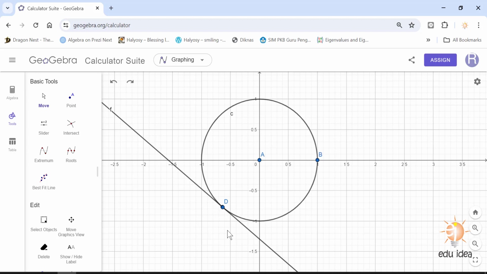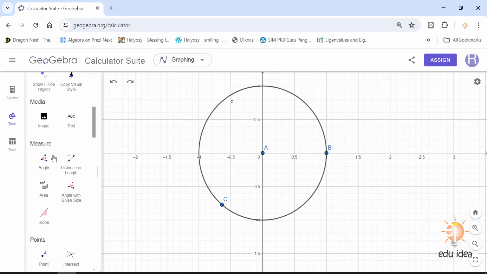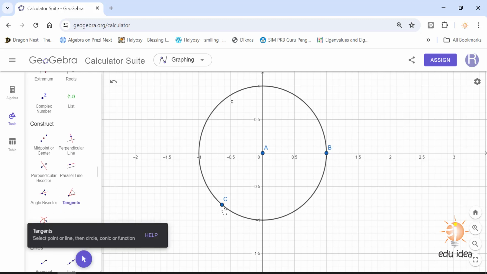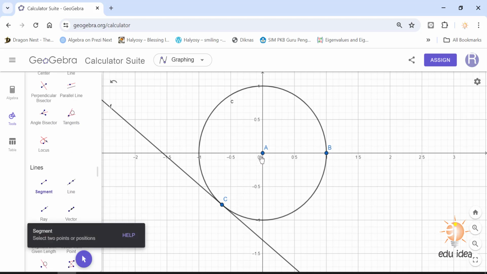So for now I'm going to use the technology. I'm going to use this tangent tool here, so I'm just going to go to construct, go to tangent, here we go, and there you go. So we have a tangent over here. So the investigation is, what if I draw a line from A to C, which is going to be the radius of the circle.